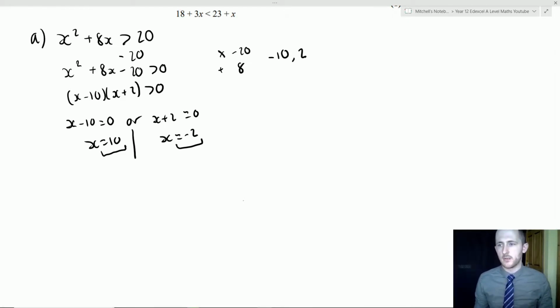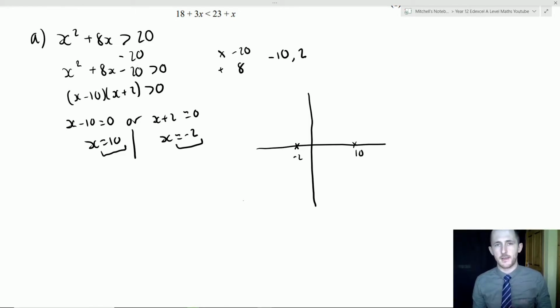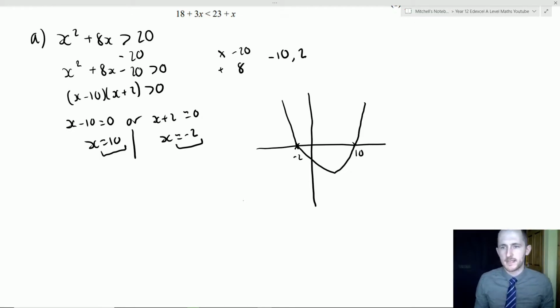It has to have some kind of inequality, but how can we tell what it actually looks like? Well, what we do is draw a sketch of the graph. If I just draw this, we know that it crosses at x equals minus 2 and x equals 10. Since it's a positive quadratic, it's going to look like a happy face. Now, we look at this inequality.